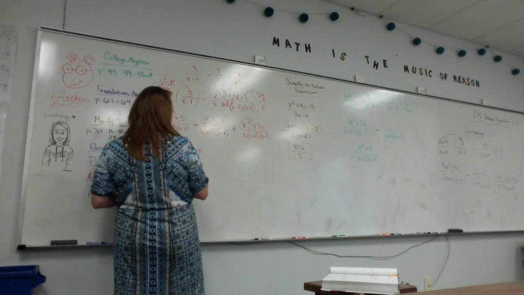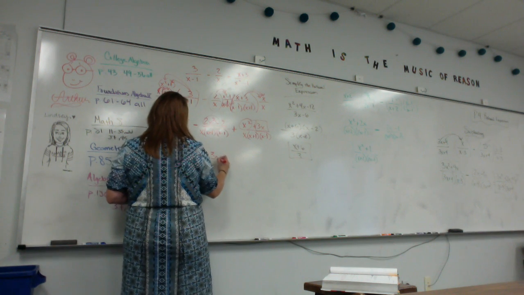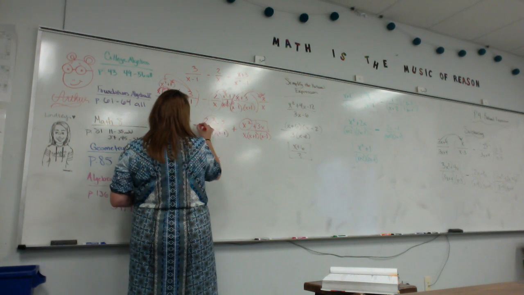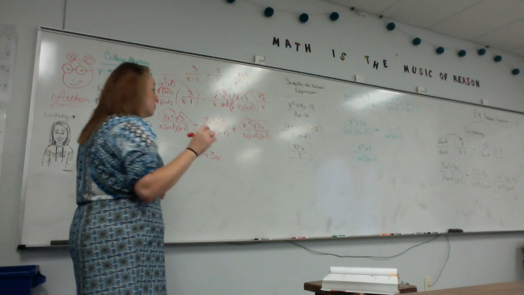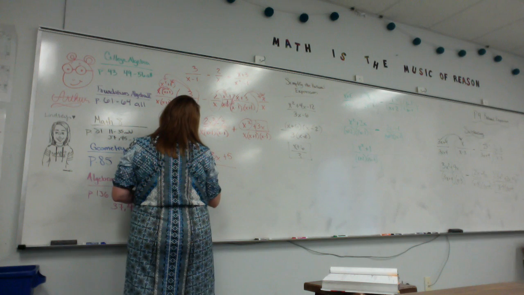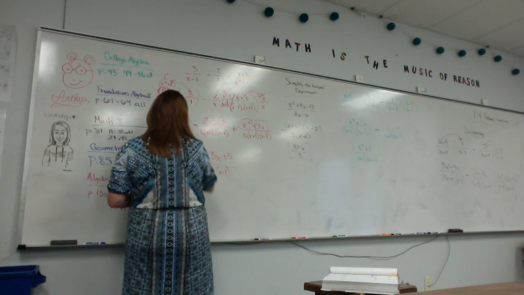Then I have just a 3x. And then I have plus 3 minus a negative 2. What is that? It's positive 5. Good. All over x, x plus 1, x minus 1.